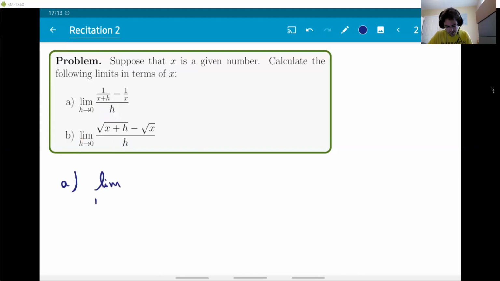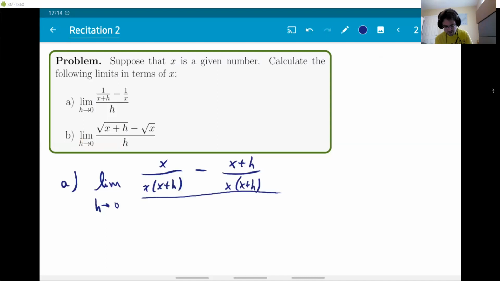And what is the simplification? In the case of item A, it is just computed. You have a difference of fractions, so you should just find a common denominator, any way you would like to do that. For example, in this case, it would be x times x plus h. So if you rewrite the first fraction including an x, and then you rewrite the second fraction including an x plus h, then you're able to now take the difference.